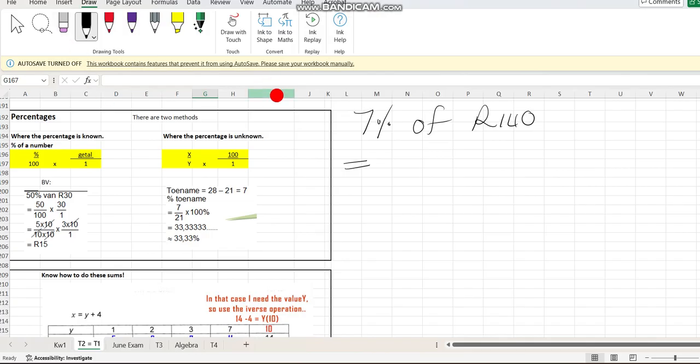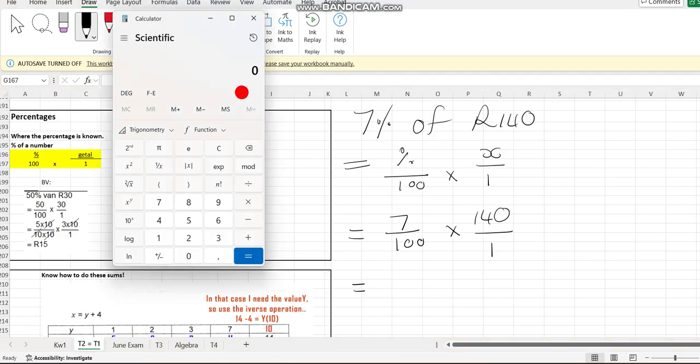Okay, so if percentage is known, you can always write this for yourself, just for you to remember. So percentage is 7 on top of 100 times the amount, X stands for whatever amount it is, 140 above 1.